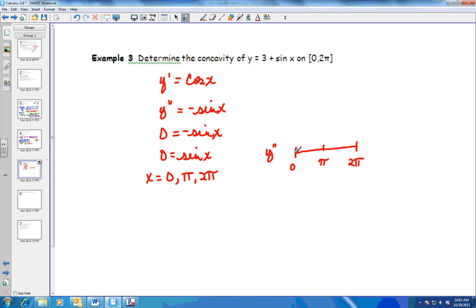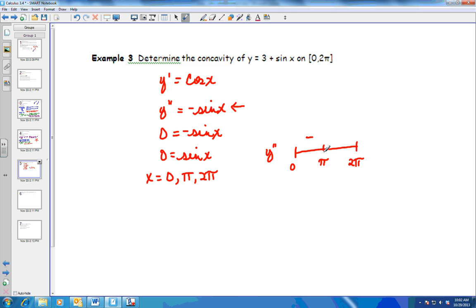When I plug in a number between 0 and pi, like pi over 2, into my second derivative, negative sine x, I'm going to get a negative answer.